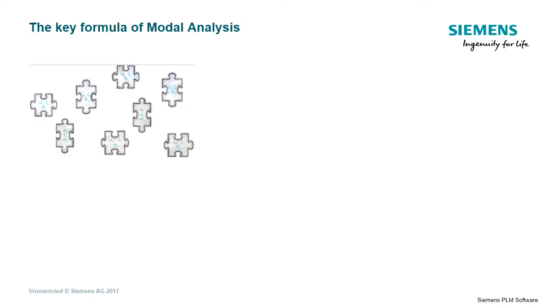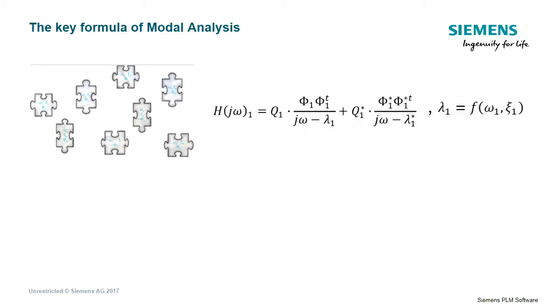At this point, we need to introduce the formula which will close the loop between all basic concepts we've introduced this far. Each piece of the puzzle contains a natural frequency, modal damping, and mode shape. For a specific mode, the modal parameters can be used to calculate a corresponding frequency response function, as we show in the formula.